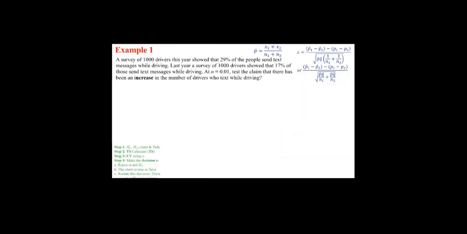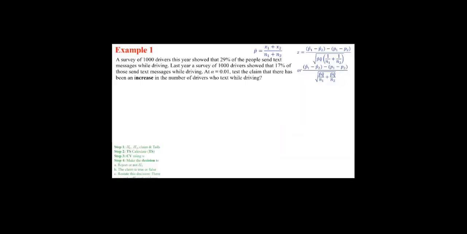In fact, the same as proportion. If you recall, in that case, E was Z alpha over 2 square root of P hat Q hat over N.